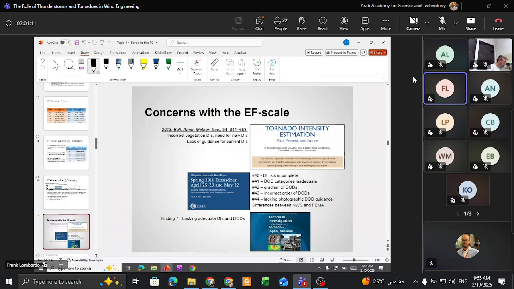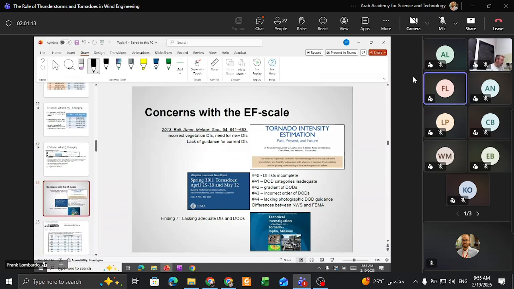And this is all sort of in response to concerns with the EF scale. There were a lot of big, damaging tornadoes in the US about 15 years ago. And it really brought out some concerns that there really weren't enough DIs and DODs in the EF scale. And some of the guidance was confusing on what you needed to do.